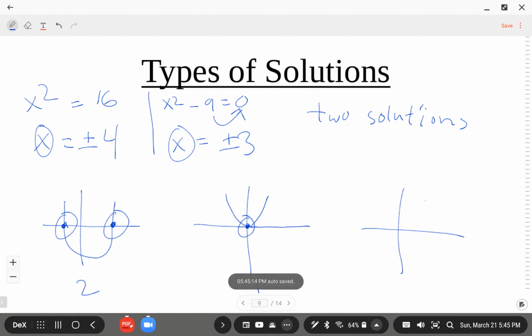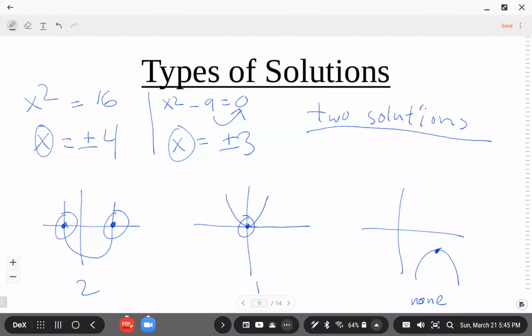What if it doesn't even touch the x-axis? There's no solution in this case, because it doesn't touch the x-axis. So there would be no x-intercept, no answer. So that's no solution.